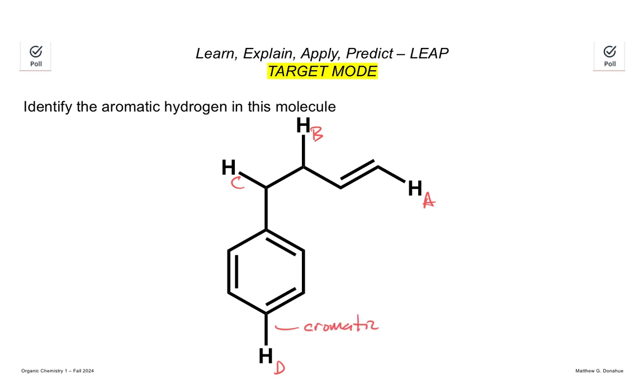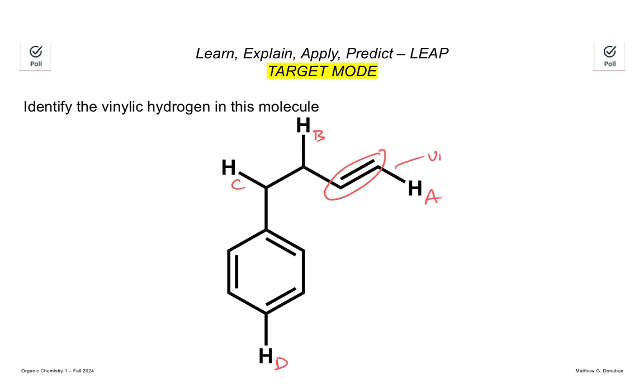And the intent of that is to identify it's bonded to an sp2 hybridized carbon. What about vinylic? So the difference between aromatic and vinylic, again, vinylic is bonded to a double bond, and that's sp2 hybridized.